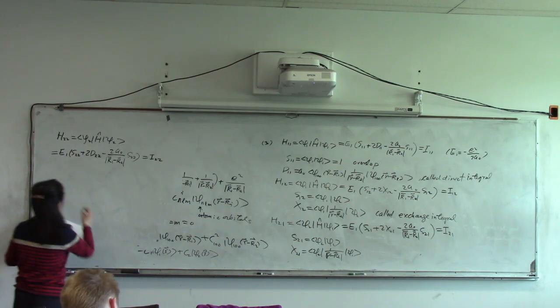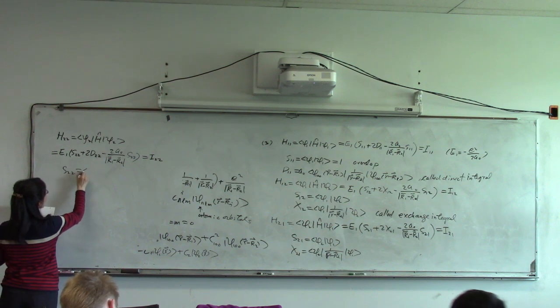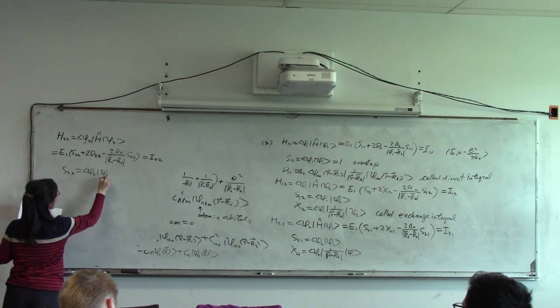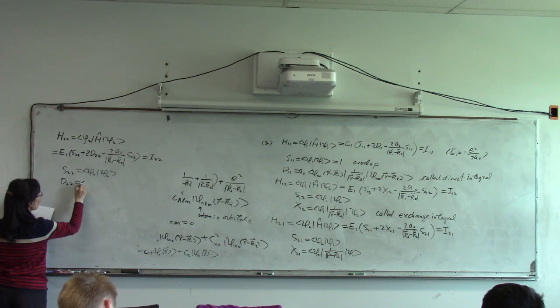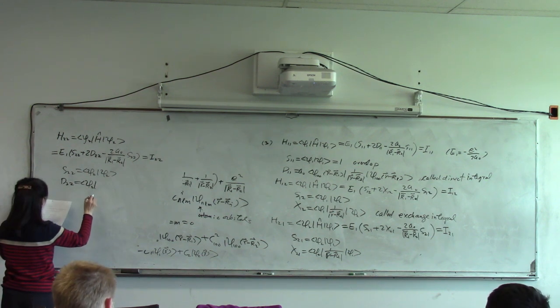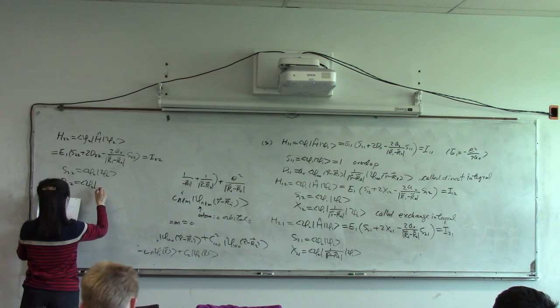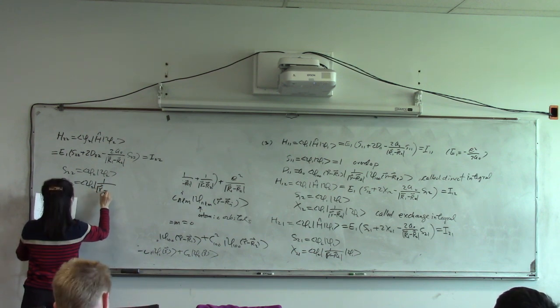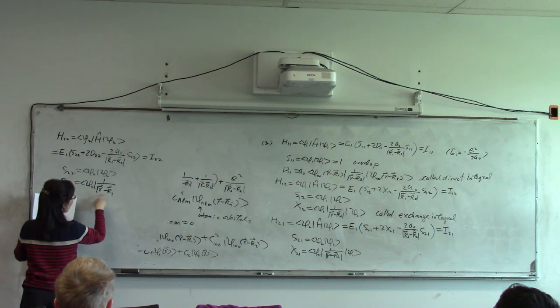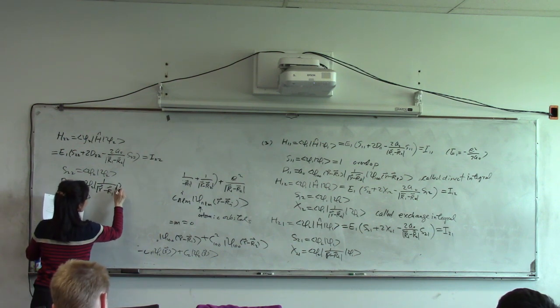Similarly, S22 is the overlap of this Z2, and D22 is another direct integral of 1 over R minus R1. In this case, Z2 and R1, right?